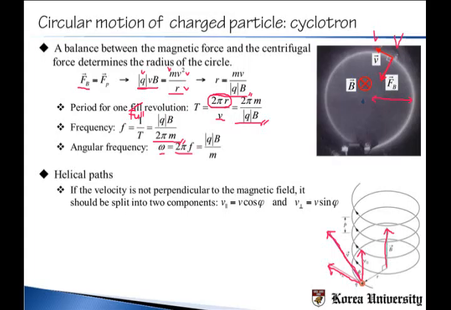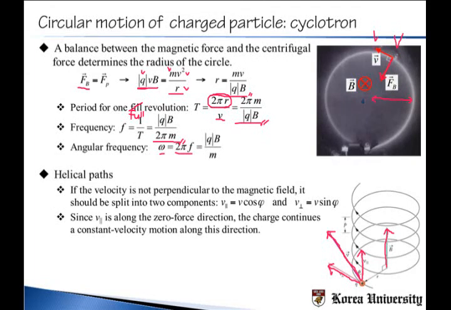First, in the case of the velocity component parallel to the magnetic field, we learned that the cross product becomes zero. So there will be no force acting on the velocity component parallel to the magnetic field, and nothing changes along this vector. This means the particle will perform constant velocity motion.